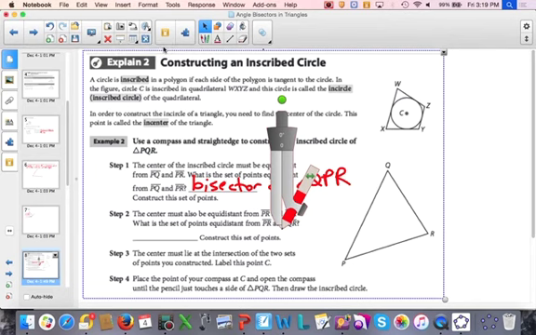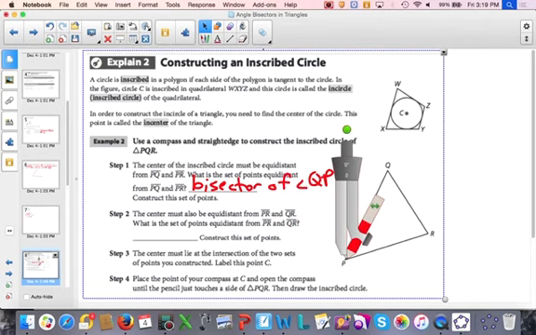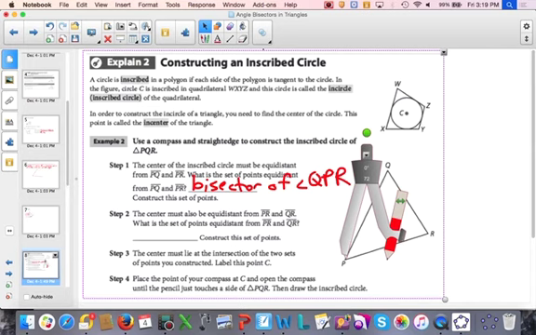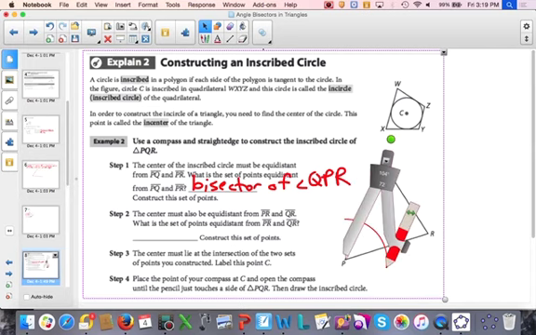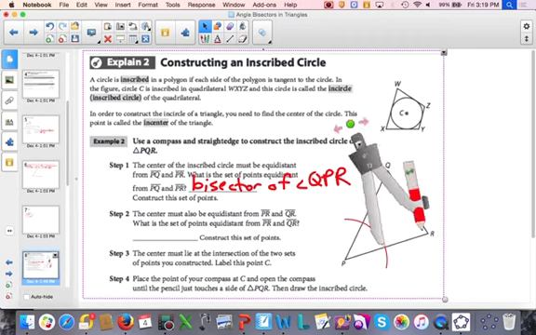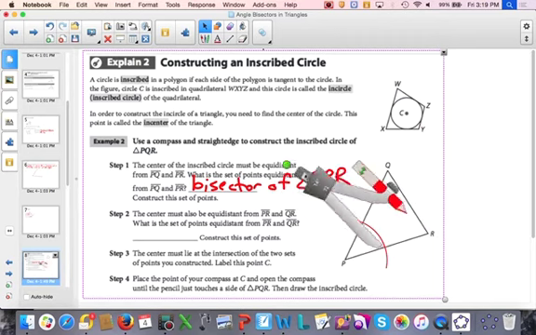When you're bisecting an angle, you're placing the point of your compass at its vertex, and making an arc on that angle. And then from each of the points at which that arc crosses your angle, we're making another arc in the interior of the angle.